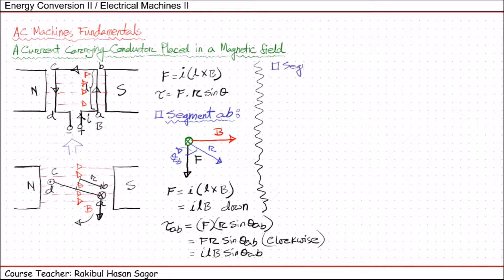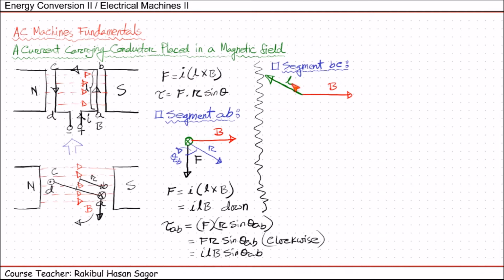Segment BC. For this segment, the direction of B is towards right as usual, and the direction of the current is moving from B to C, which gives the direction of length L. As it is moving from B to C, the direction of L will have this angle. So we can write a line parallel to this here.